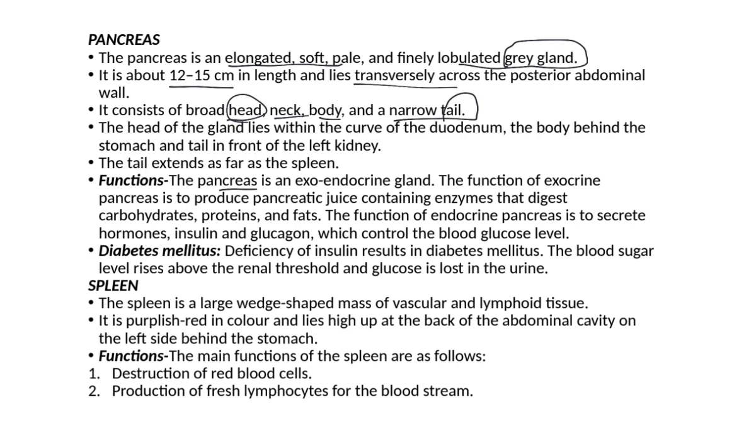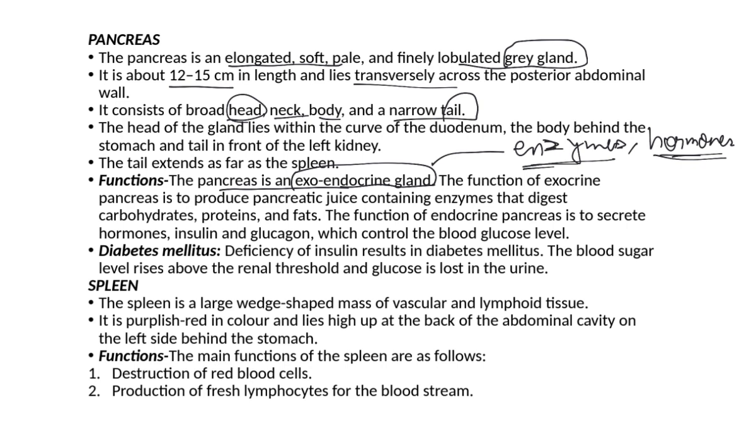Functions: pancreas is an exoendocrine gland. So it is a gland that releases enzymes as well as hormones. That is why it is called an exoendocrine gland. An exocrine gland is a gland that releases enzymes, and an endocrine gland is a gland that releases hormones.